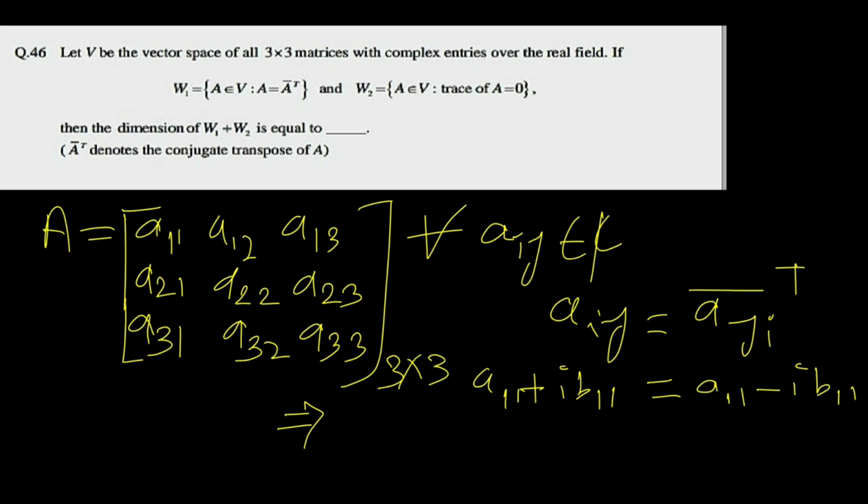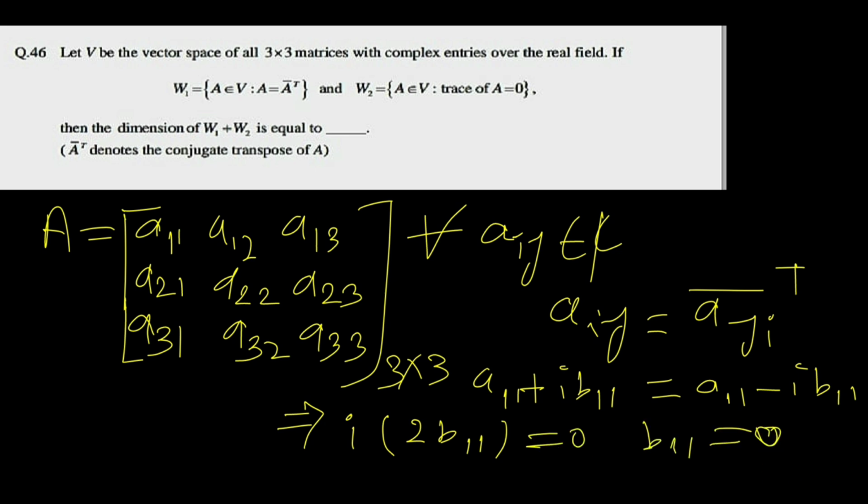Then when we compare real and imaginary parts, taking i common, 2B11 equals 0, which shows that B11 should be 0.